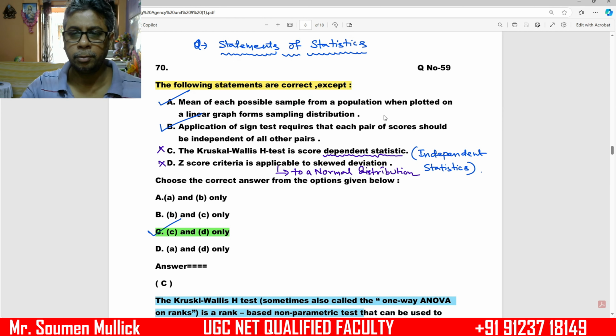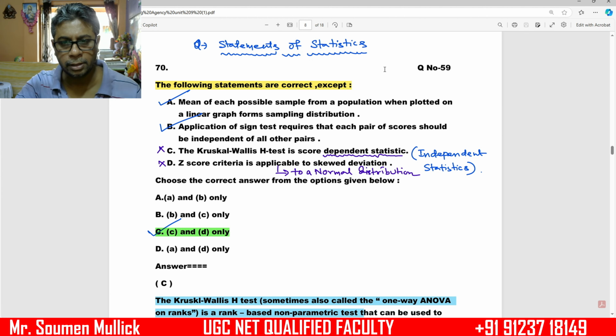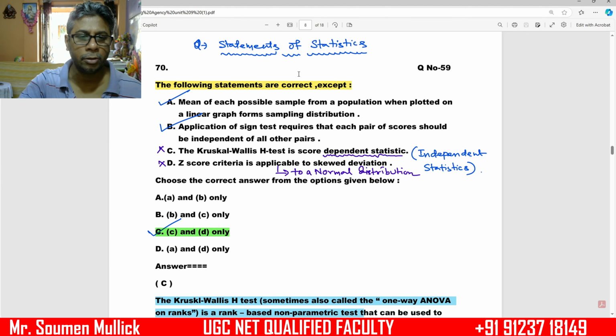This is right. Second, application of the sign test requires that each pair of scores should be independent of all other pairs. So this is also right.